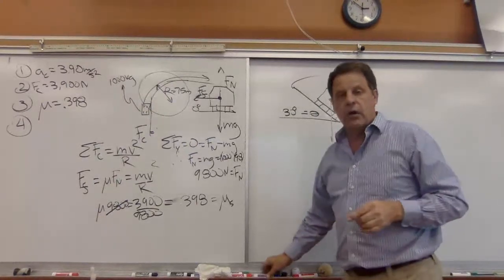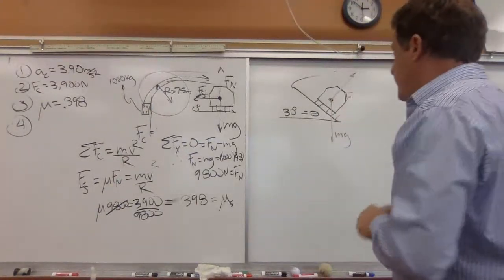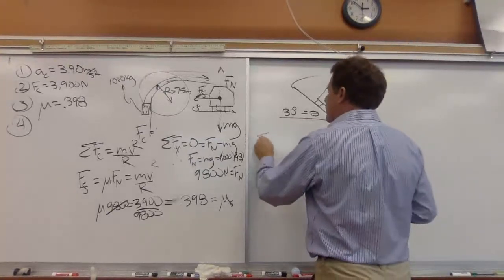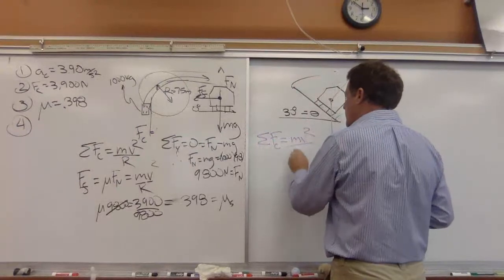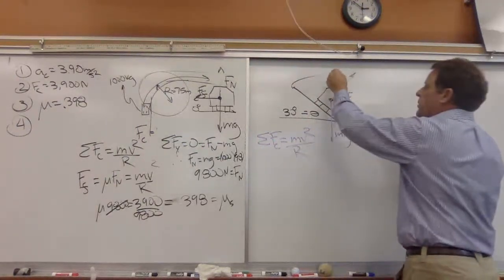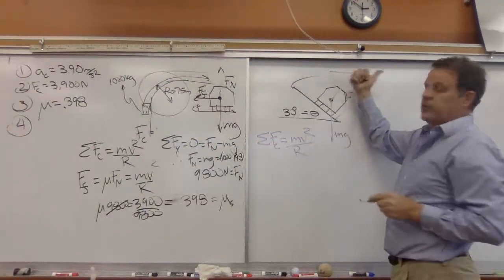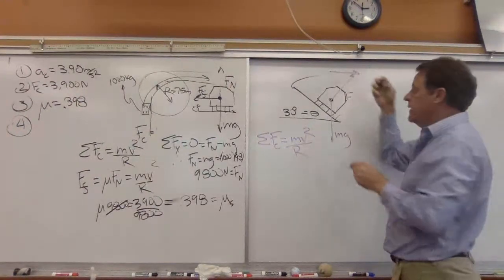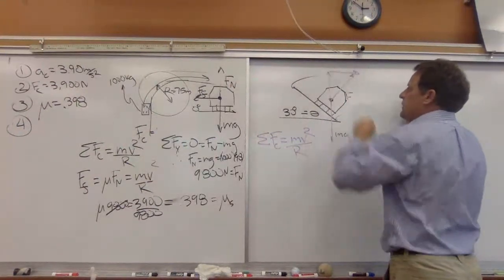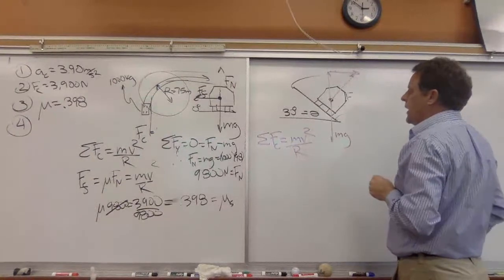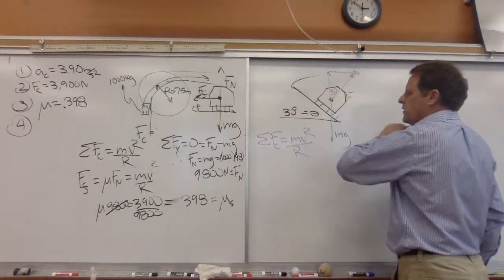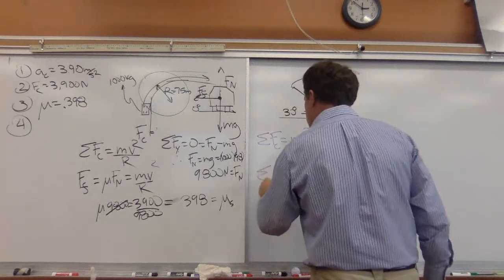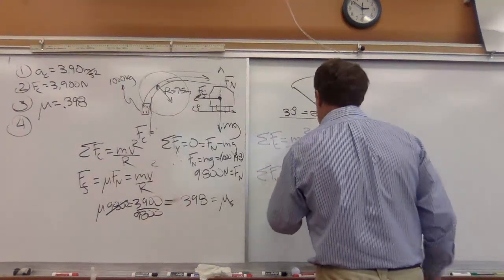If we now talk about the sum of the forces, we're going to have the sum of the forces towards the center is mv squared over r. But remember, this direction is towards the center. This is now going to be the direction in the y. So if this angle is 30, then this angle is 30. So now we're going to have the sum of the forces in the y.